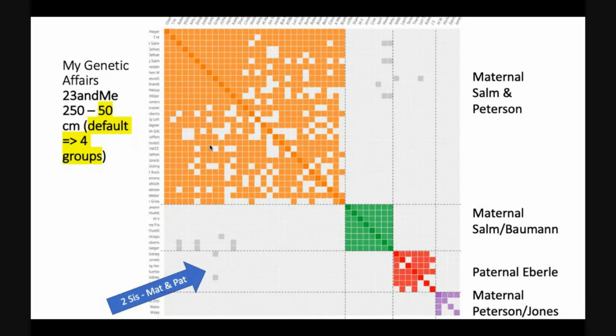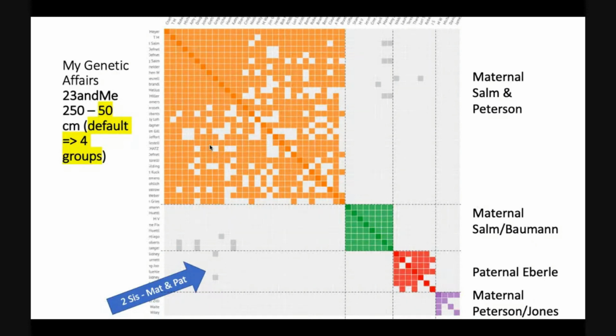And what I think happened is I've got second cousins who are marrying a second cousin on one side of the family, marries a second or a third cousin on the other side of the family.